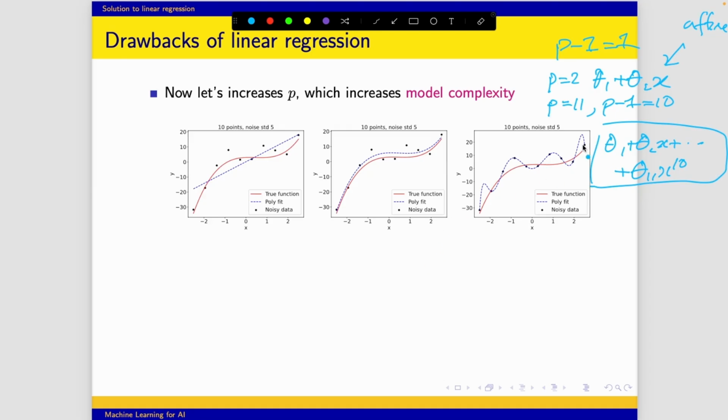So with this very expressive function, which can fit many different patterns, we capture the points very well, but they're noisy, right? So as we go from the third degree polynomial to the 10th degree, we end up going further away from the true result.